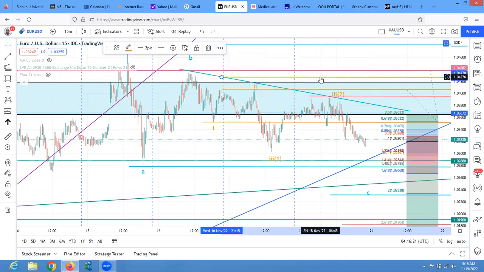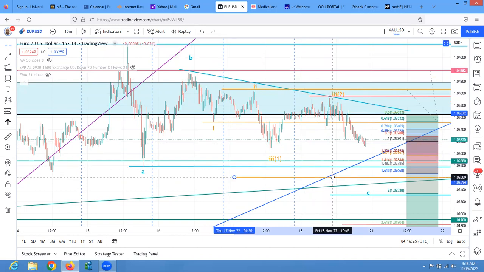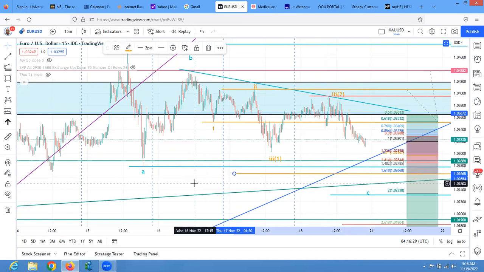So when you mark all this, you are guiding yourself. It's not as if it has to do what you're saying. So you are guiding yourself that at least by the time this wave gets to this point, you can say that at least the third wave of that leg would have been completed.